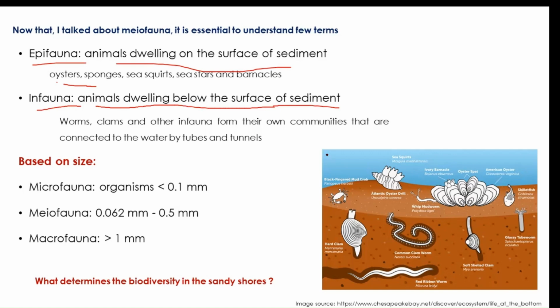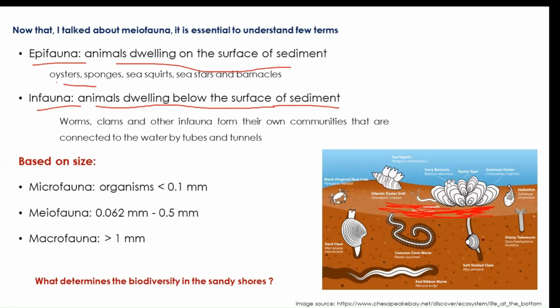So in the image you can see all the things which are there on the top. This is the surface which you can see. You can see that there are oyster spats, then some worms, sea squirts, oysters, right? All these things are epifauna because they are on the top of the sediment or any surface.